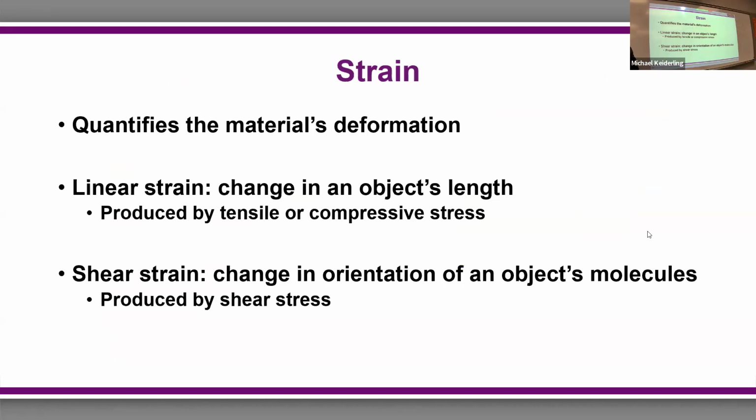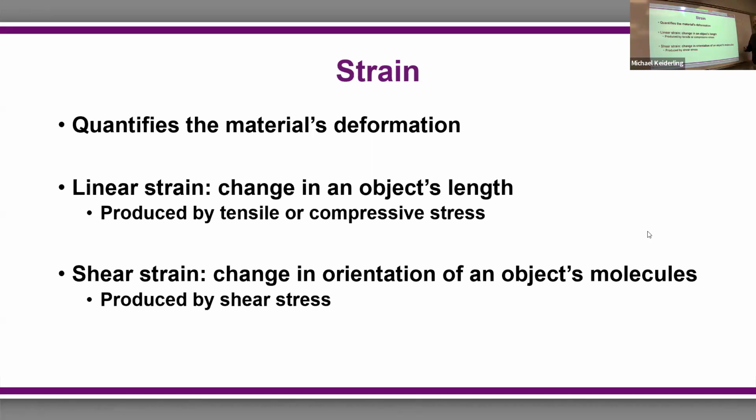Now, strain. We talked about stresses, various types of stresses on the body. Strain quantifies how a material will deform. So when we apply a stress, it causes a strain. Linear strain is change in an object's length.